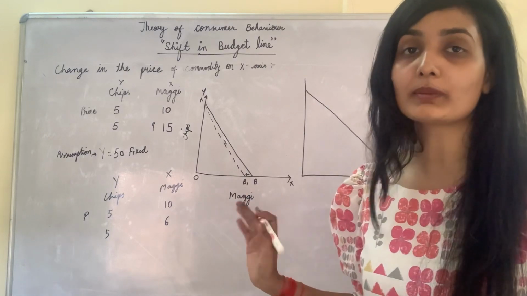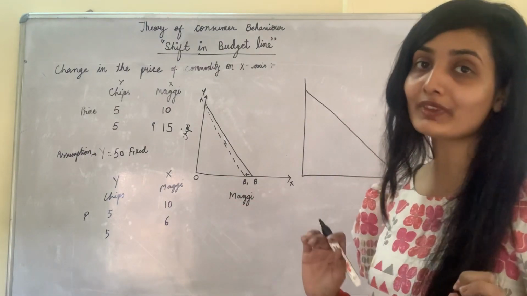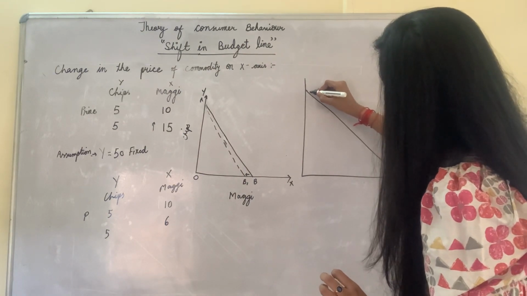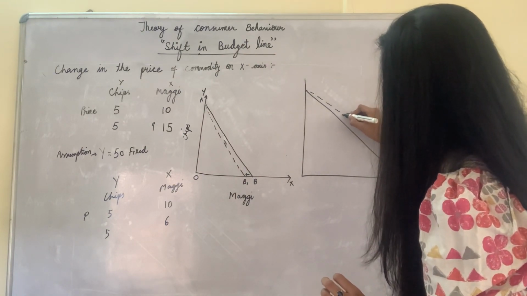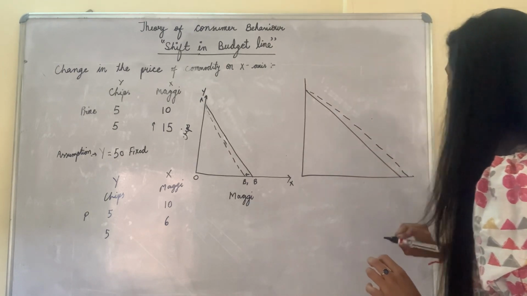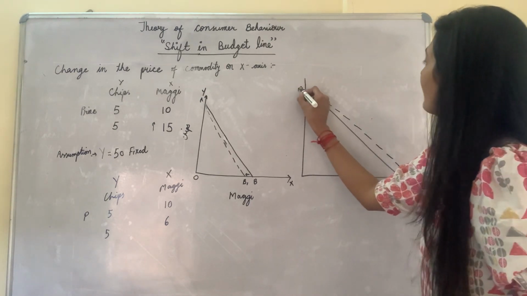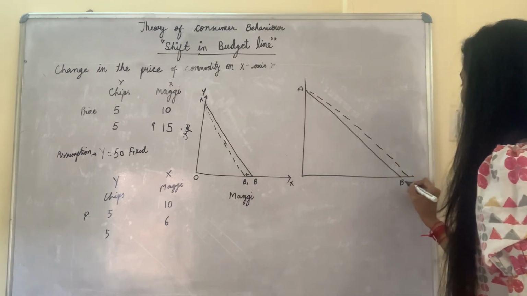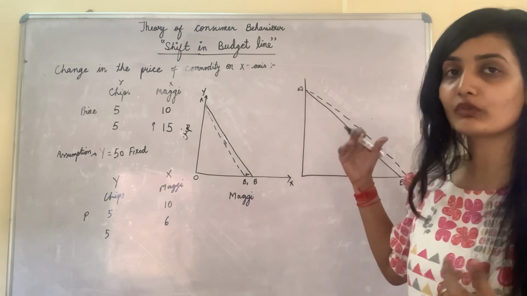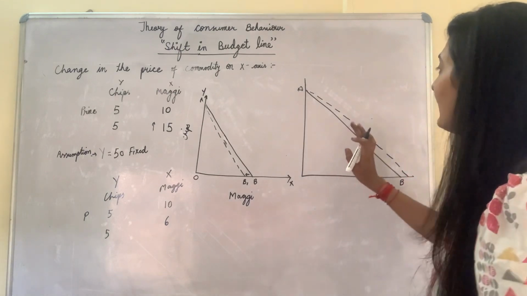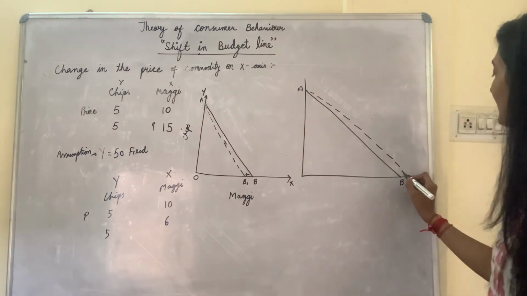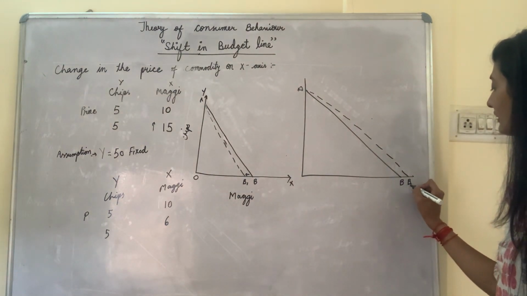Now the consumer will be able to purchase more Maggi. He will purchase chips as he was purchasing, but as the price of Maggi is decreased, he is able to purchase more of Maggi.